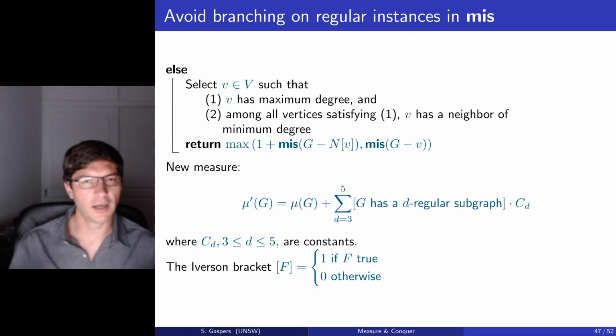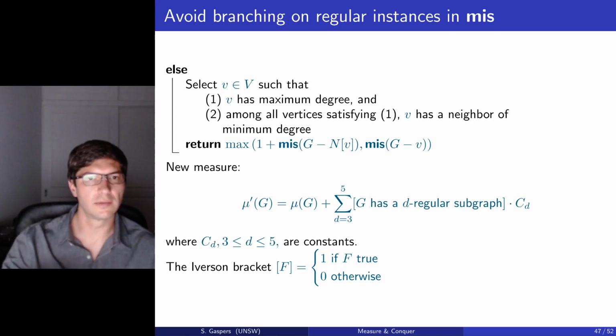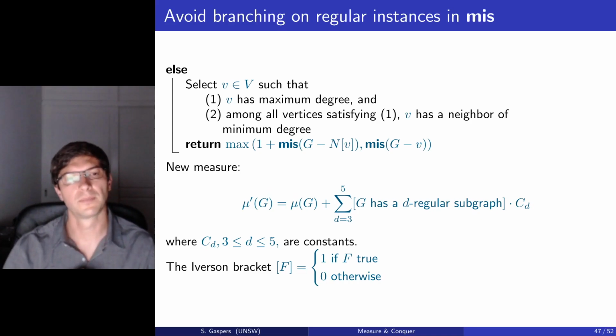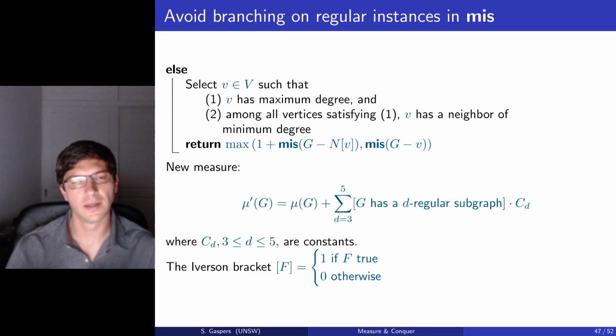So in that way, I avoid this 5 regular case, and also the 4 regular case, and the 3 regular case as long as possible. Okay, I still branch into 2 subcases, so I still do this select discard branch.